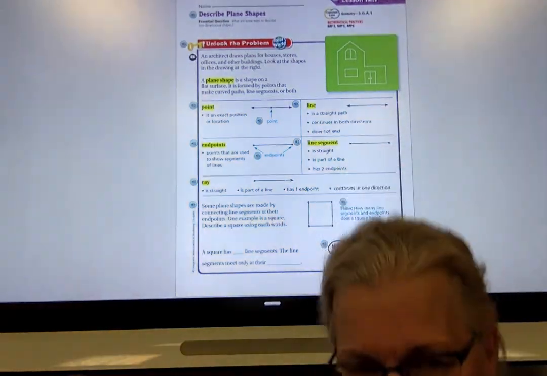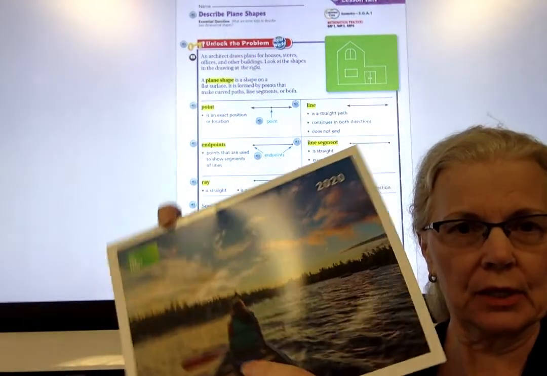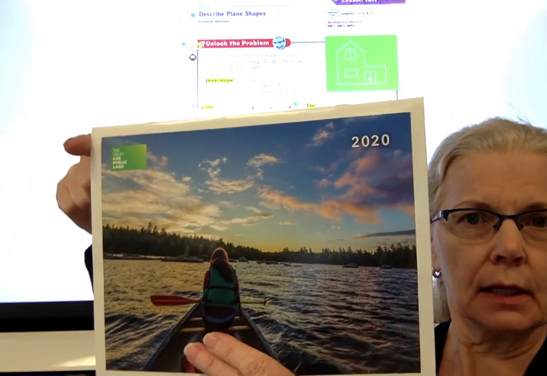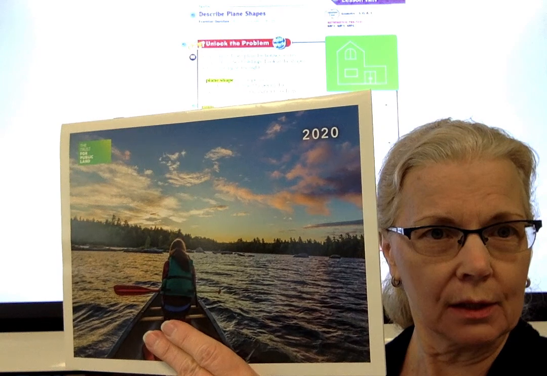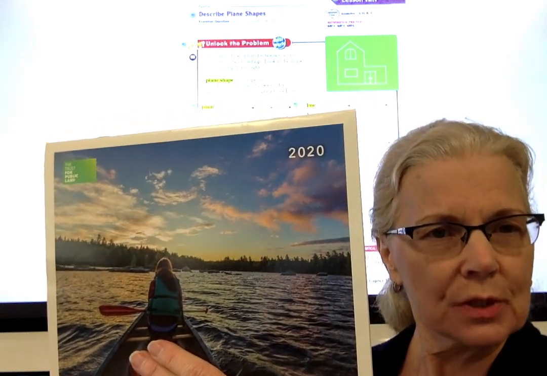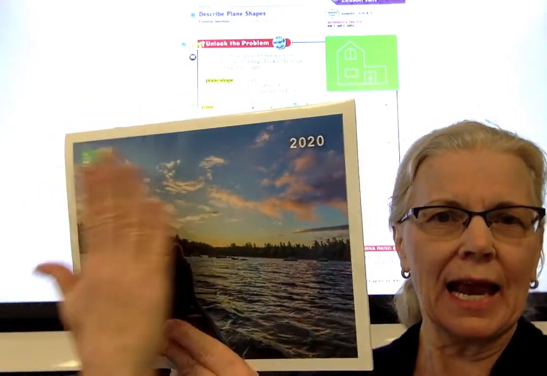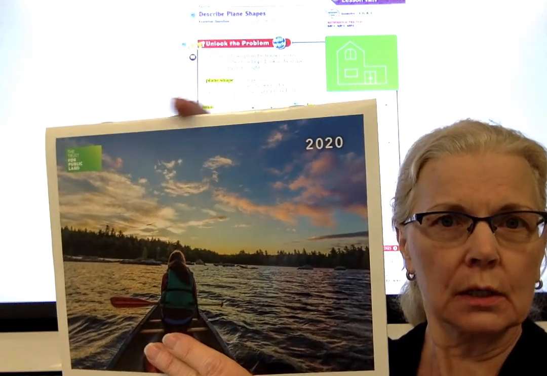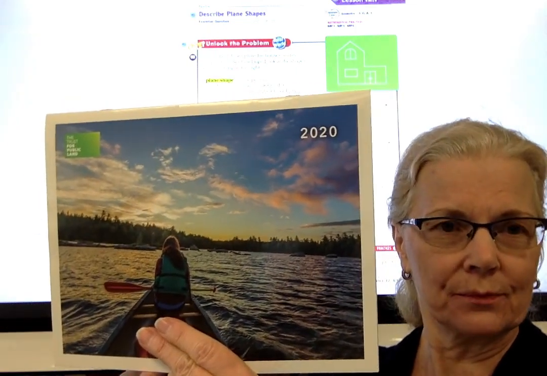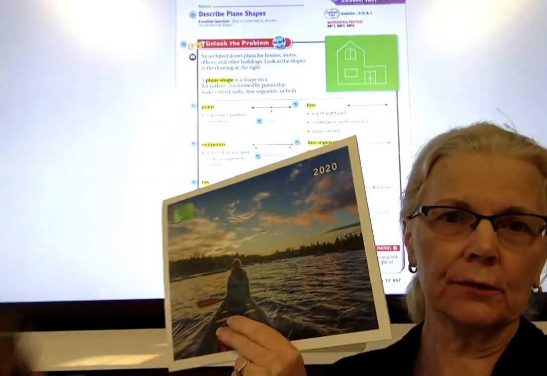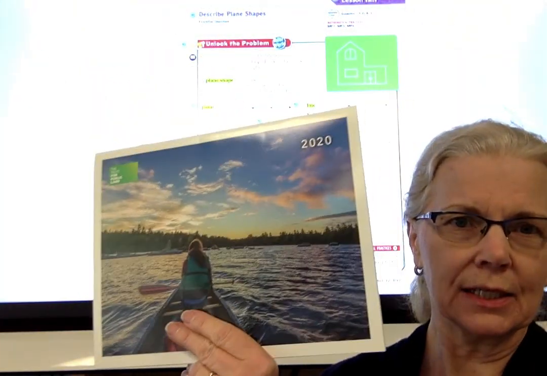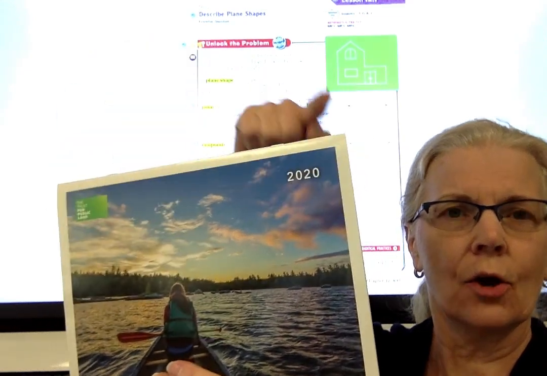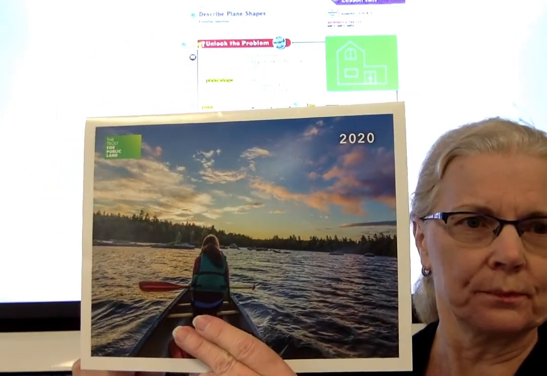But we're going to be working with two measurements, length and width, two-dimensional shapes. Two-dimensional shapes, we can find the area or the perimeter. Here we can find volume in a three-dimensional shape. Here we find area or perimeter.